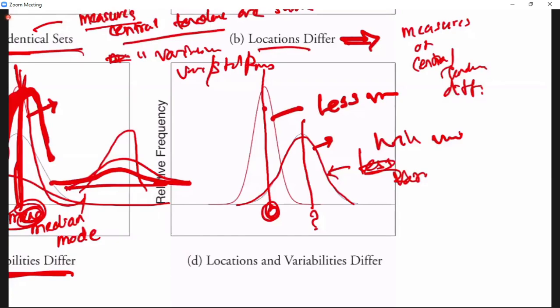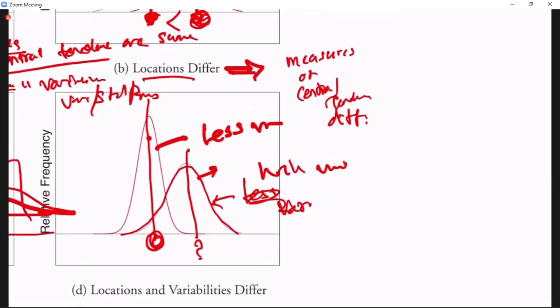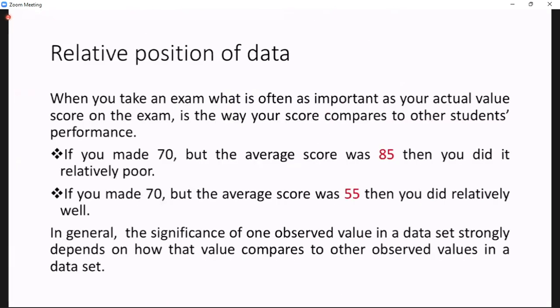Right, so far we discussed how to compare two data sets using the measures of central tendency and measures of variability. That is the fundamental way to compare two data sets. There are more methods.